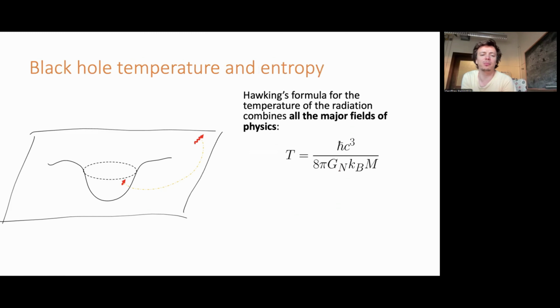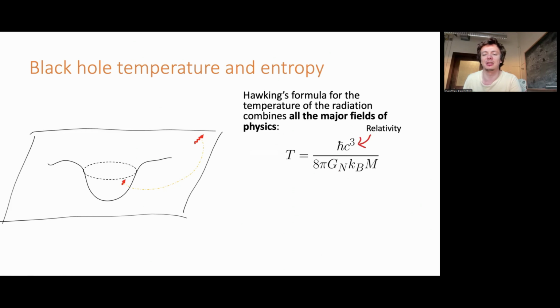If you do the calculation properly, as Hawking did, you can compute exactly the temperature of the black hole that this gives. And I think even just looking at this formula, you can see just how remarkable a contribution to physics this was, because it's arguably the first great formula that combines in one formula all the major fields of physics together.